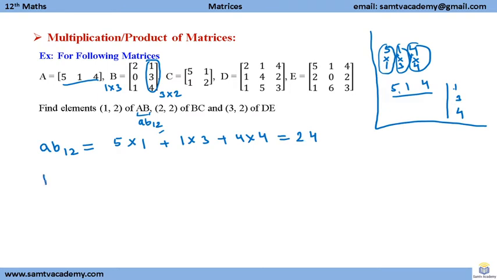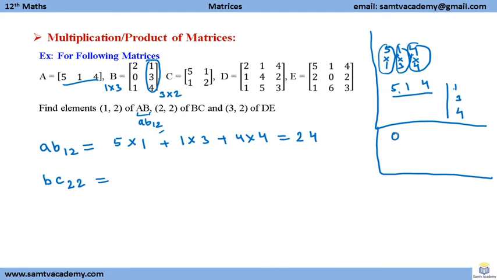You have to find the BC 2 2 element. So what you need to do is take matrix B's second row and matrix C's second column. Here I can tell you separately like this. You have to take B's second row. What is the second row?